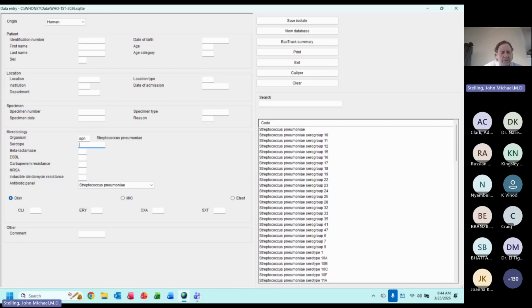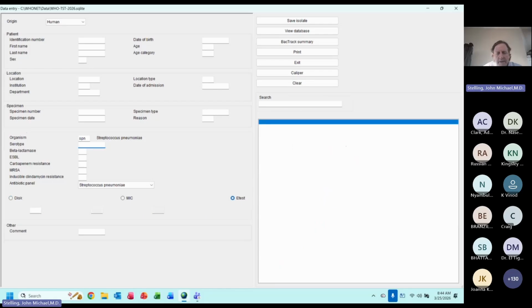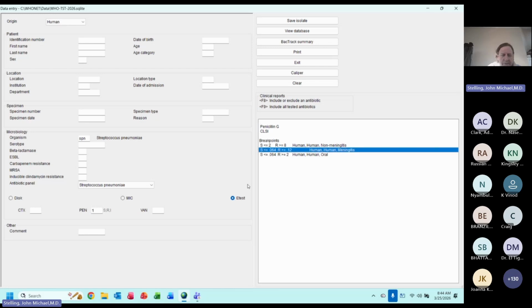And if I go to E-test, penicillin, and I put in an MIC of 1, you see here that there are 3 interpretations, SRI. S are the non-meningitis breakpoints, then meningitis breakpoints, and oral breakpoints, that's especially when using penicillin for oral therapy.